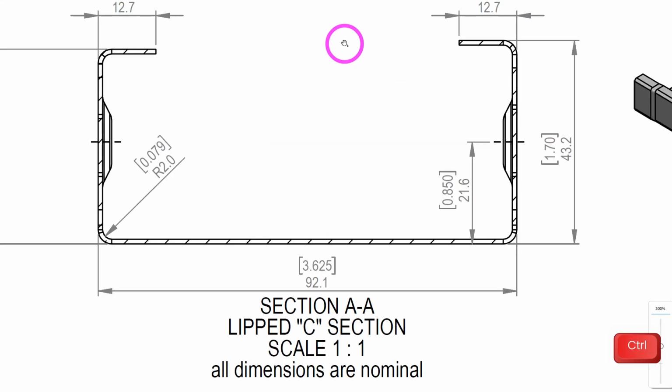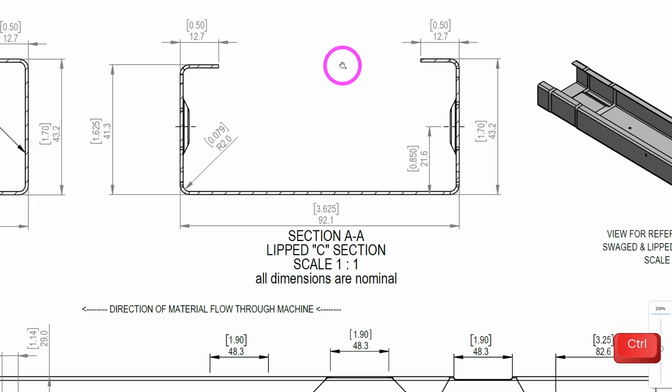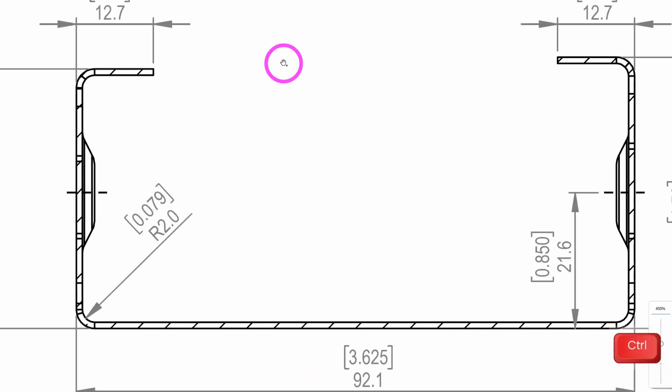If I zoom into that one, these are our lips, right over here, 12.7, 12.7 millimeters. It's kind of hard to tell, but maybe if I zoom in just a little bit more, you can see that these two lip heights are not aligned.